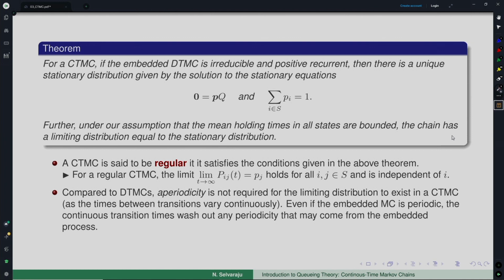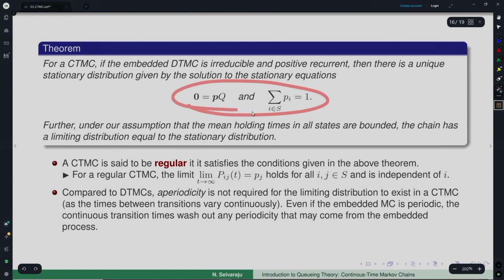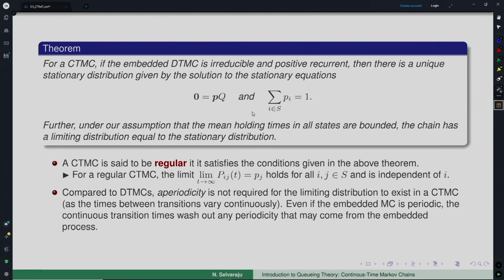So if you are looking for long term behavior, limiting distribution or stationary distribution, under such a situation of irreducibility, positive recurrence and this boundedness, they will be given by the solution of these equations, which is an alternative and very simple way to do it.